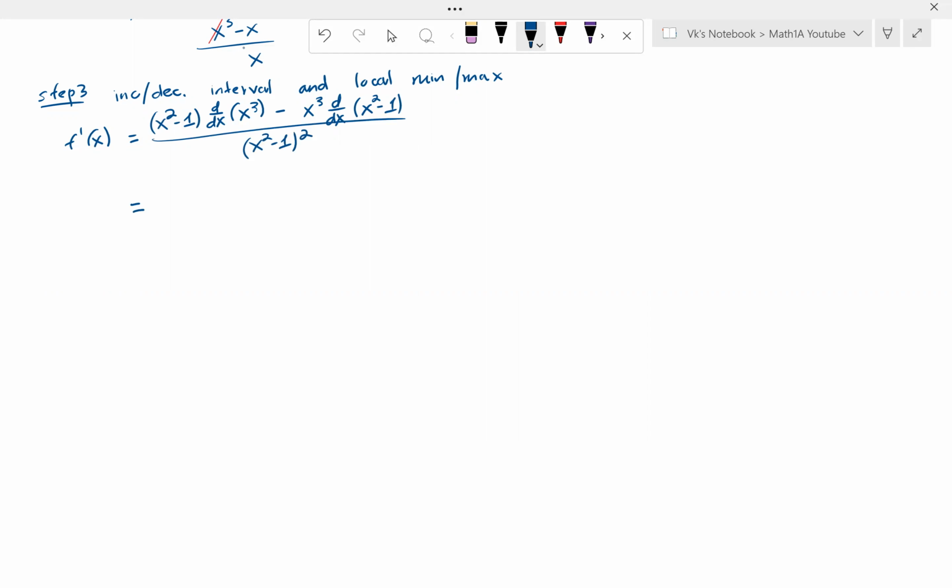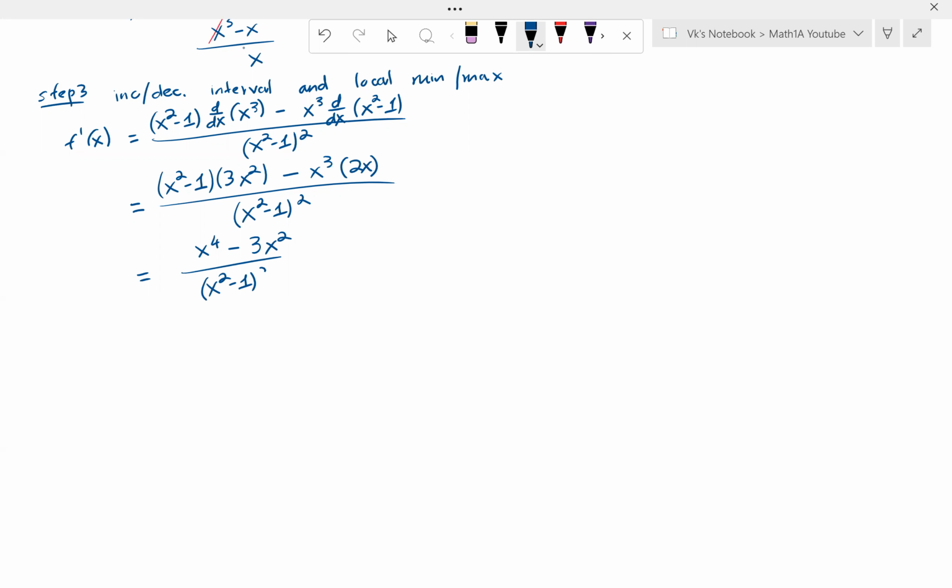So we have x squared minus 1 times 3x squared minus x to the 3 times 2x, over x squared minus 1 squared. And we have 3x to the 4 minus 2x to the 4 is x to the 4 minus 3x squared over x squared minus 1 squared.